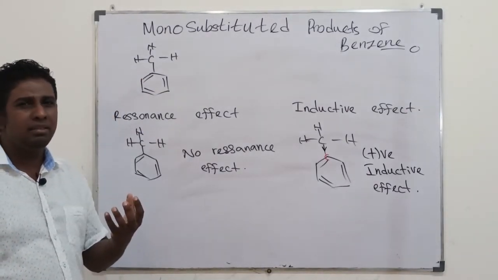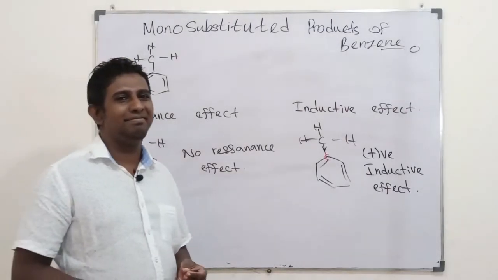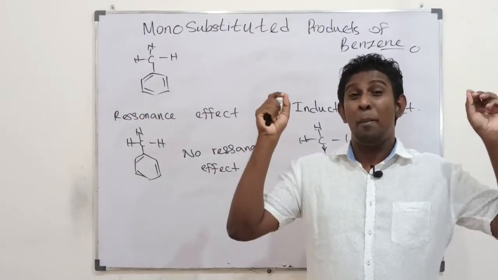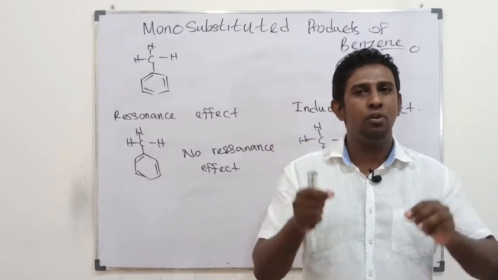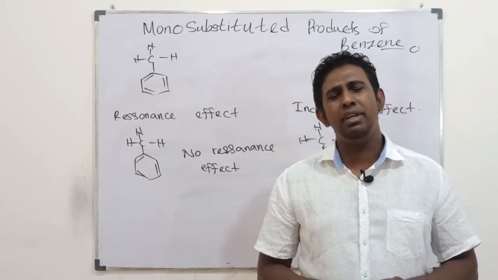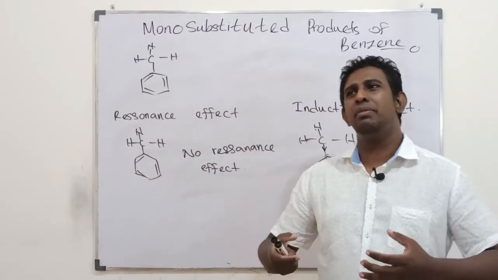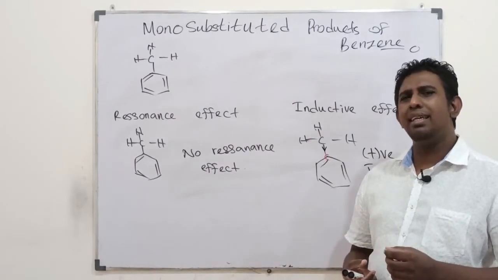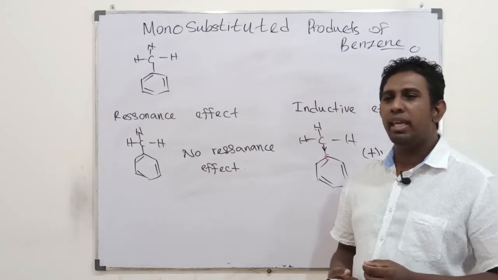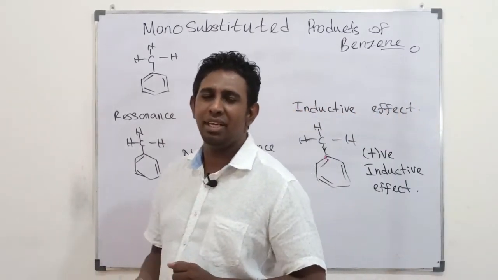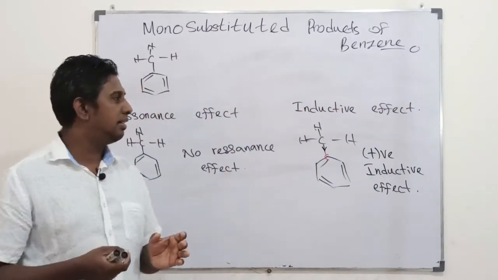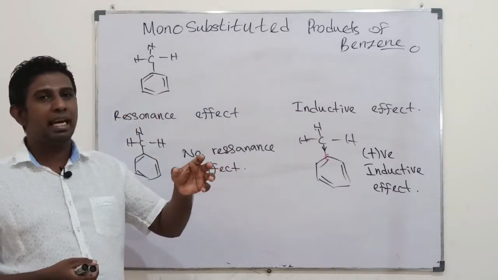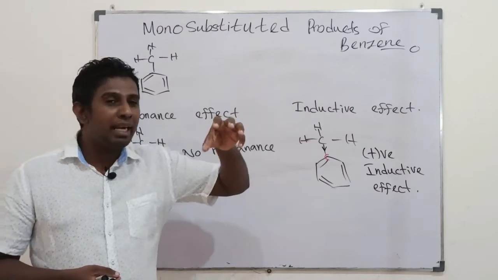Regarding toluene, what we need to know is that it also is an ortho-para directing group. Without evidence or a method to show that, how could I say such a thing? We have a method to convince you that it's not meta-directing but ortho-para directing.